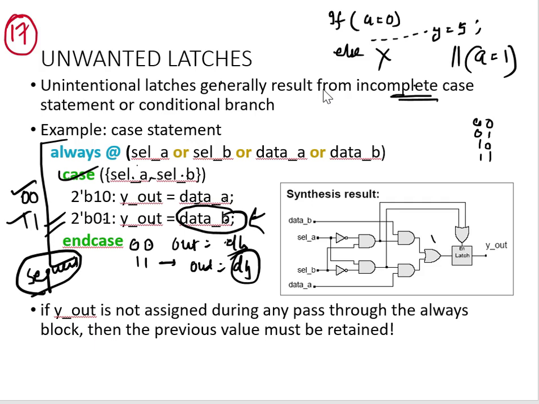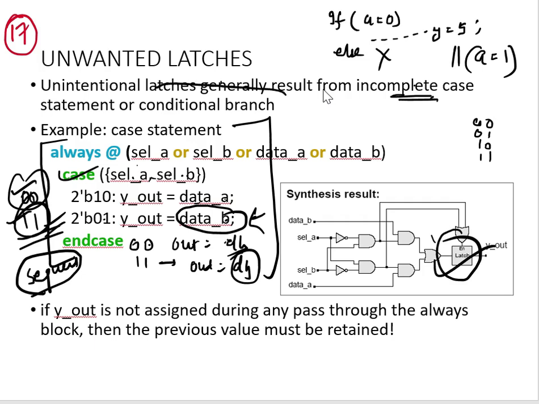So because these two conditions are missing, it is an incomplete case, and this hardware will generate a sequential circuit, that is a latch. Similarly, if conditions are incomplete, for example if is there but else is missing, it will generate an incomplete case. For example, if A equals 0, Y equals 5, and there is no else condition.